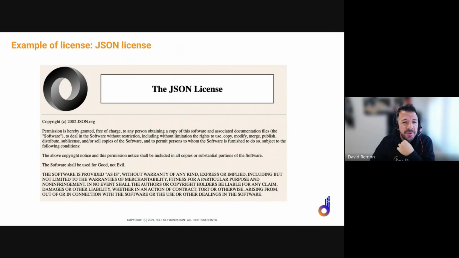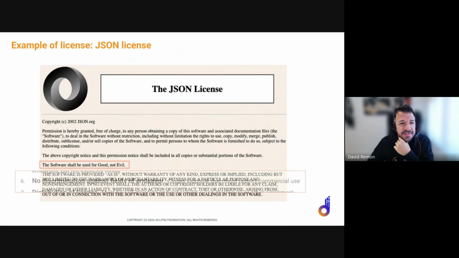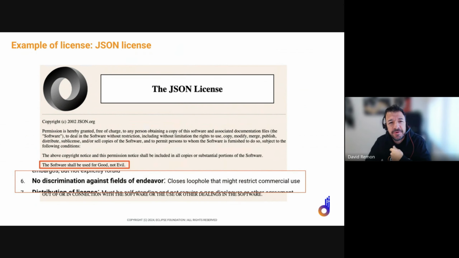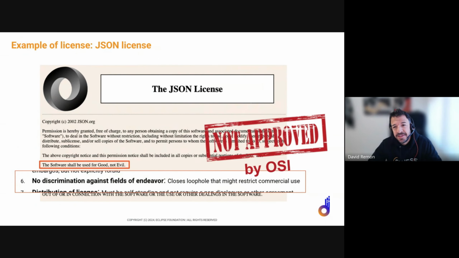But looking at the text of this license, it says that the software shall be used for good, not for evil. Therefore, there is a discrimination here, and that discrimination is against the 10 points defined before. Therefore, it's not considered open source by the Open Source Initiative.